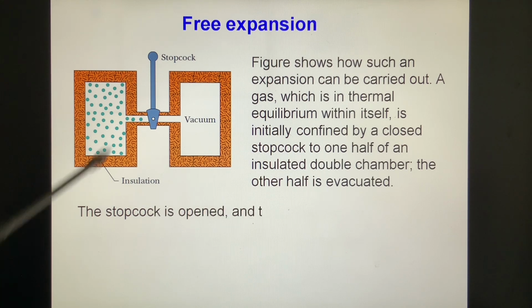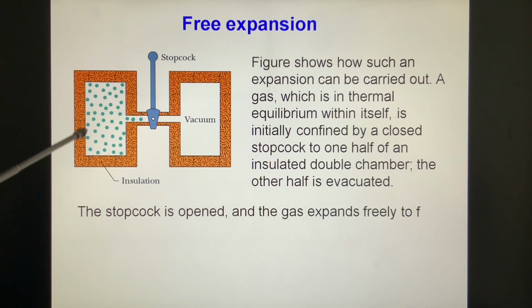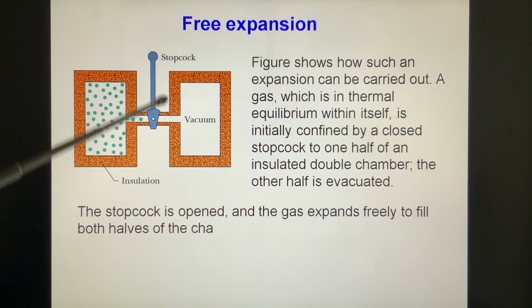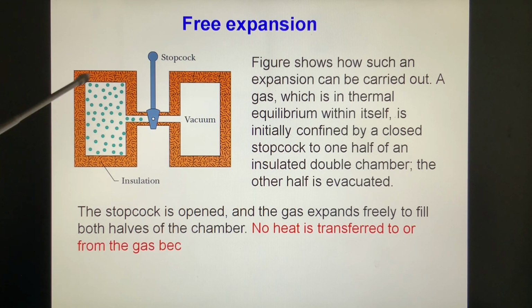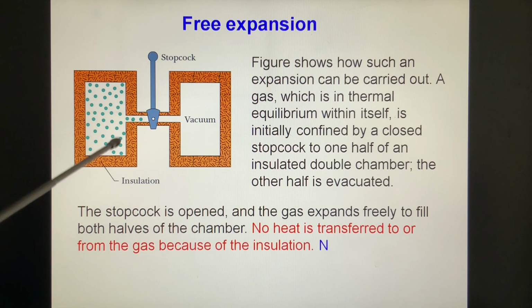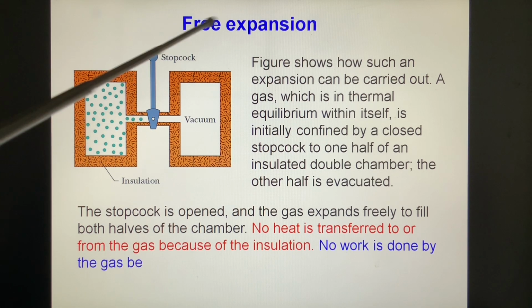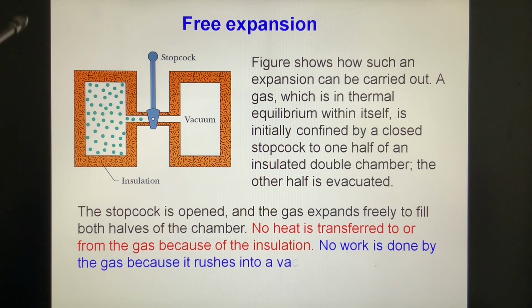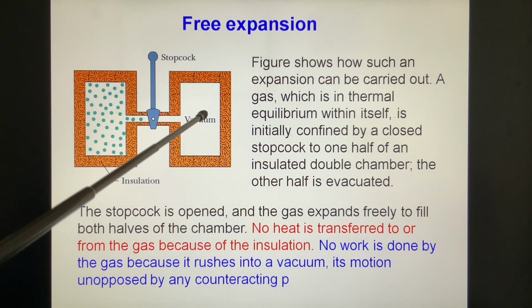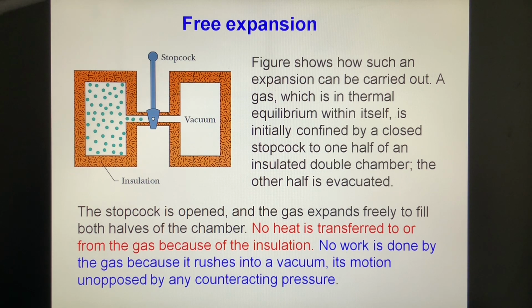The stopcock is opened, and the gas expands freely to fill both halves of the chamber. No heat is transferred to or from the gas because of the insulation. No work is done by the gas because it rushes into a vacuum, its motion unopposed by any counteracting pressure.